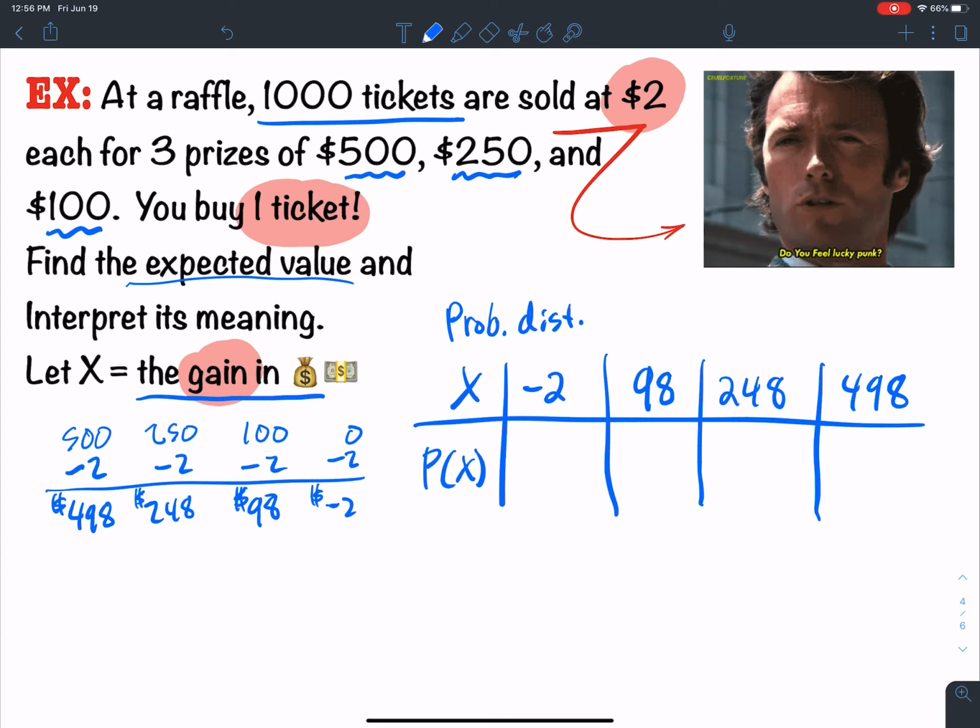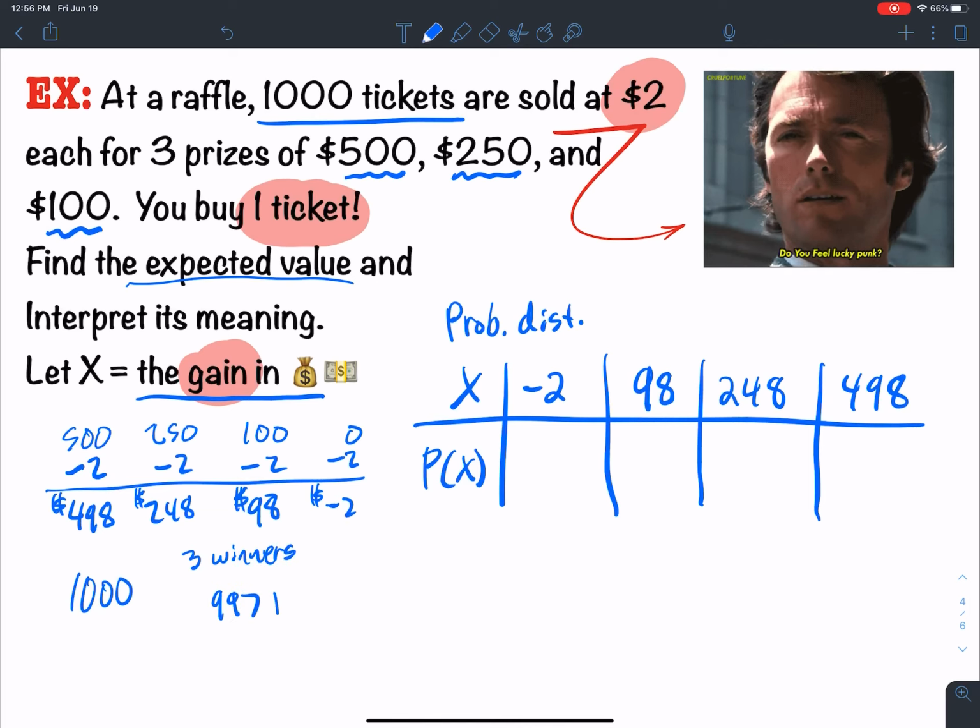Now the probability of winning no money. Well, how many tickets are there? There's 1,000 tickets total, and there's 3 winners. That means there's 997 losers. So there's 997 people who pay $2 and they get nothing. So your chance of losing is pretty high.